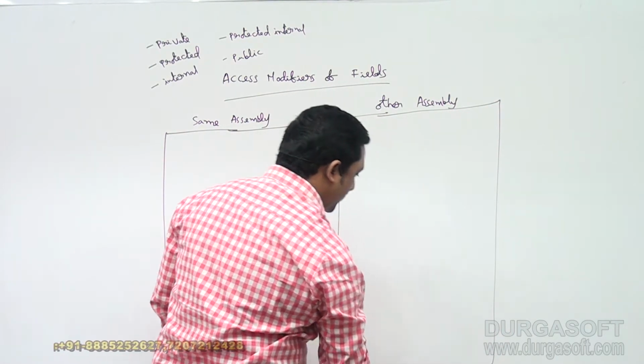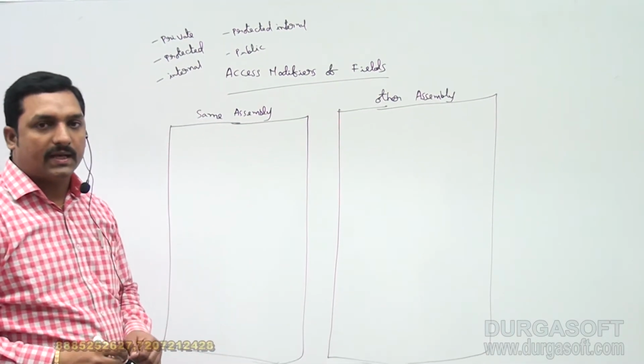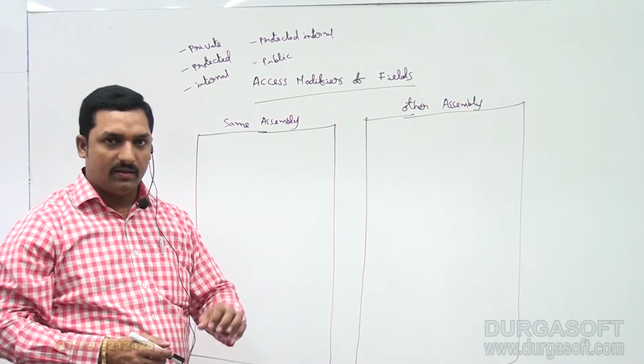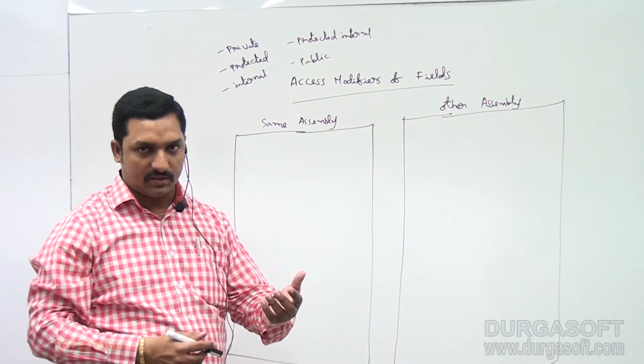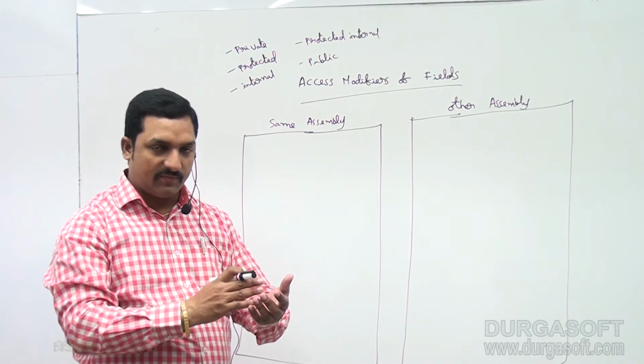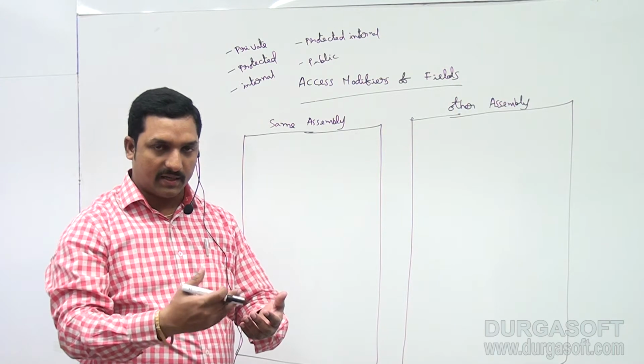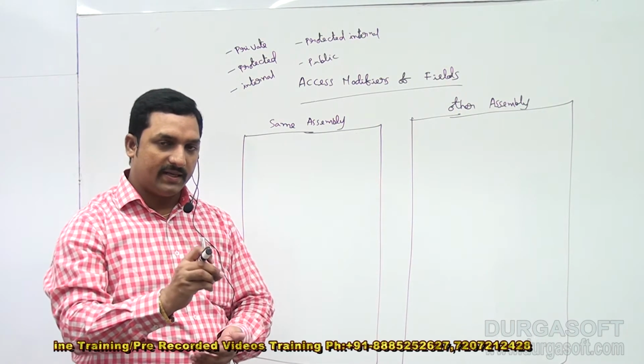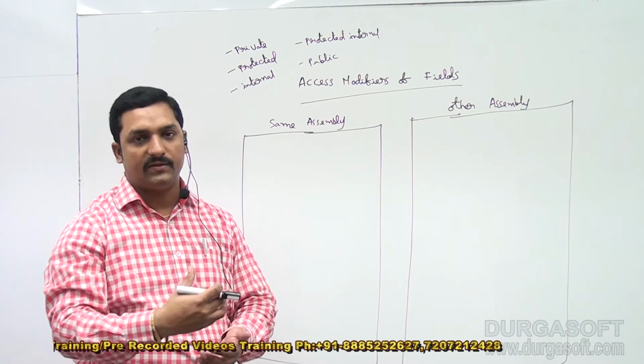What exactly is meant by assembly here? The compiled source code of the program is called an assembly. You are writing a program, right? That is a C# file, right? The C# file is being compiled into an exe file. The exe file contains which language program? MSIL language program.